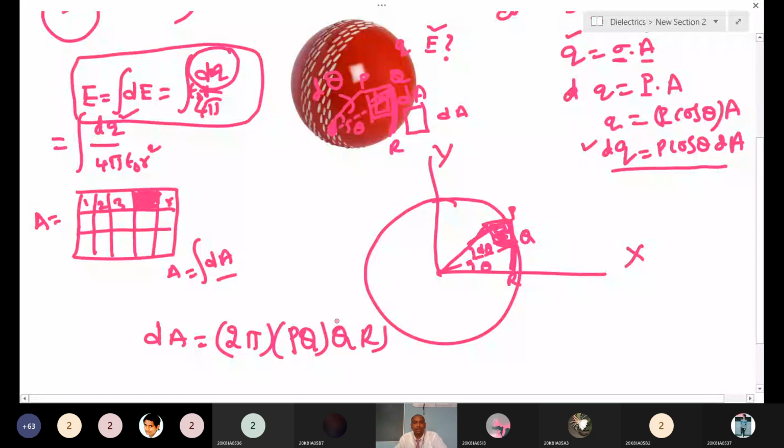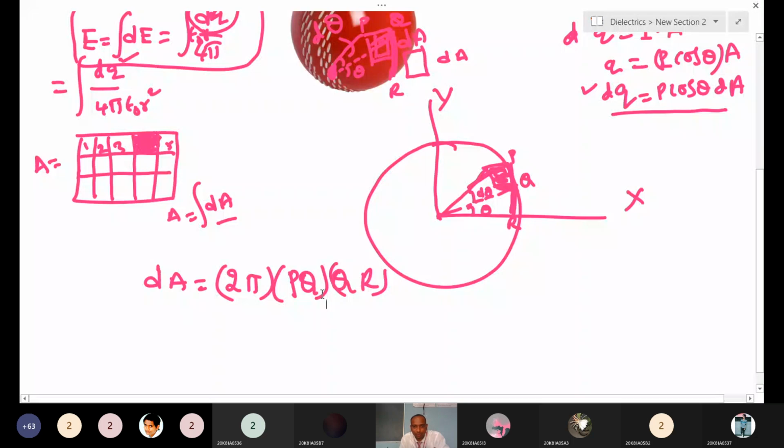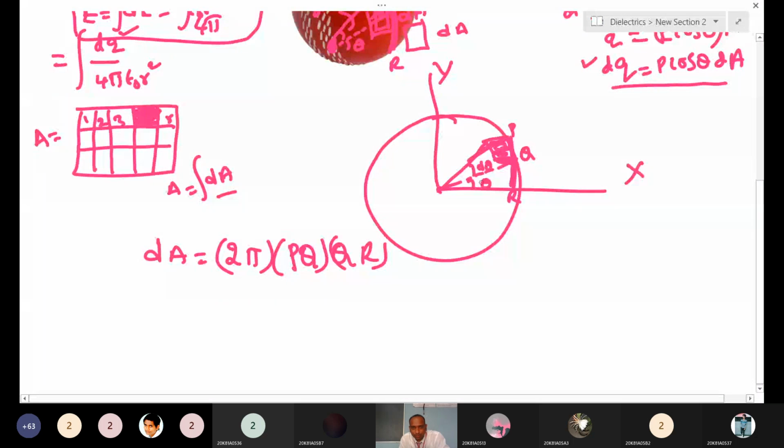This gives the area element. First, in triangle AQR, just apply sine theta. What is the value? Sine theta is QR by AQ, right? Now we want QR. What is the value of AQ?